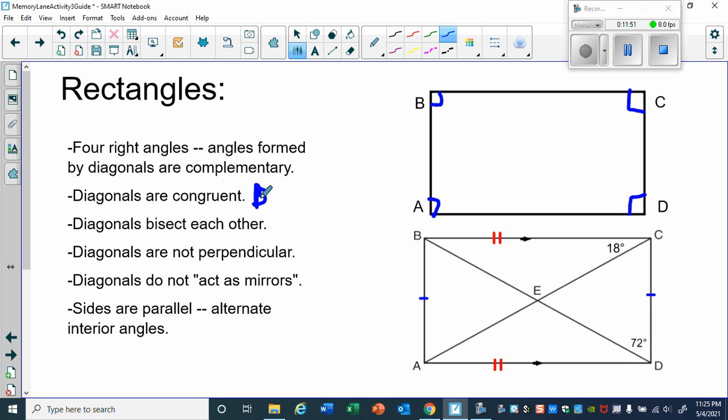B, D congruent, A, C. And then they bisect each other, so those two sides are going to be congruent. And you could say these two sides are also going to be congruent, but in the end, all 4 of these segments are congruent. And then they bisect each other, of course, so A to E, E to C, they're the same.